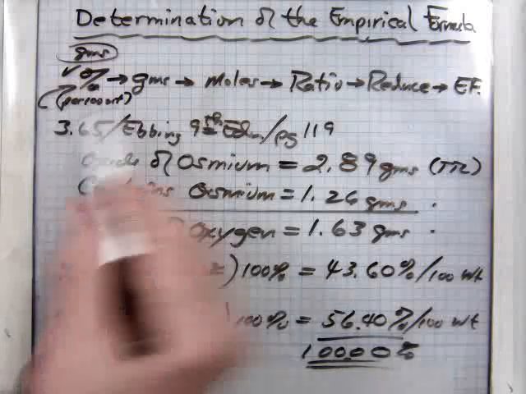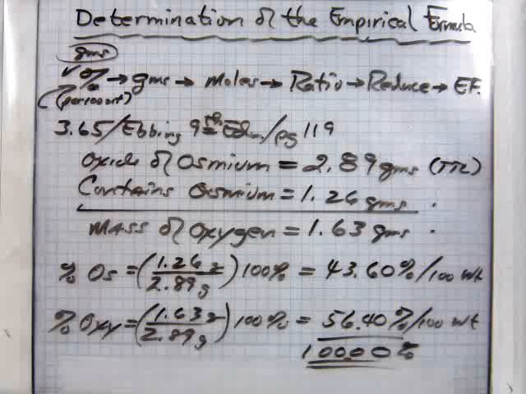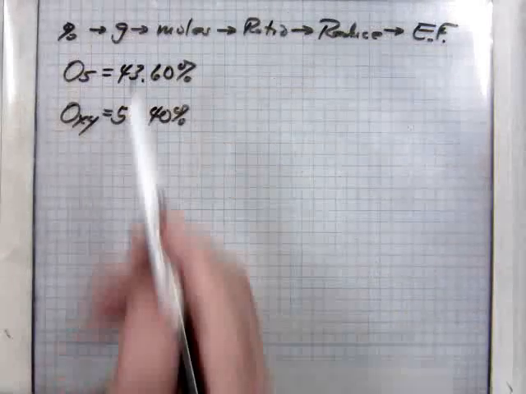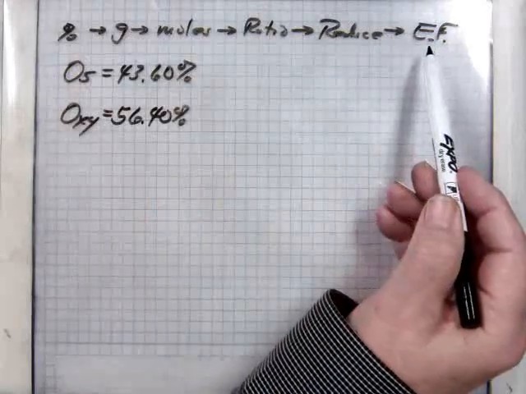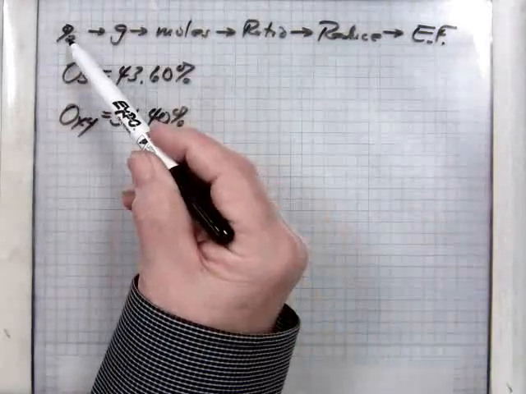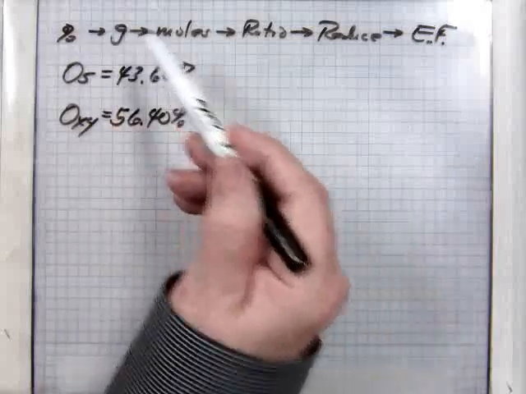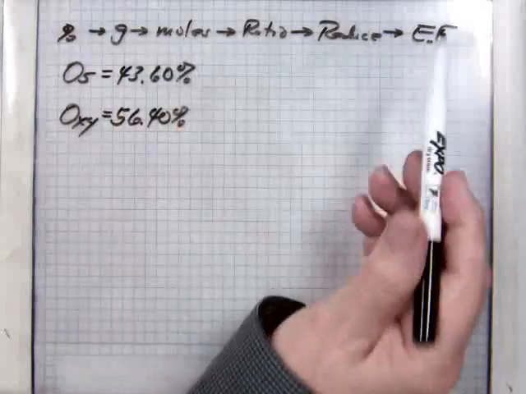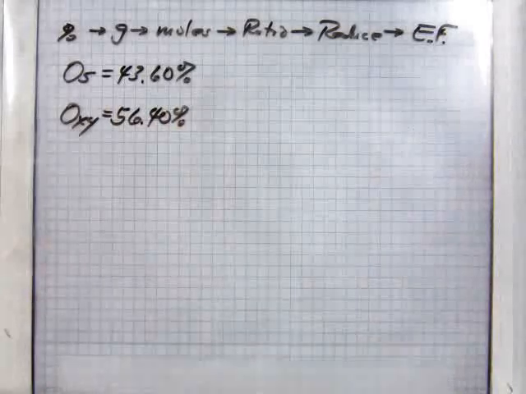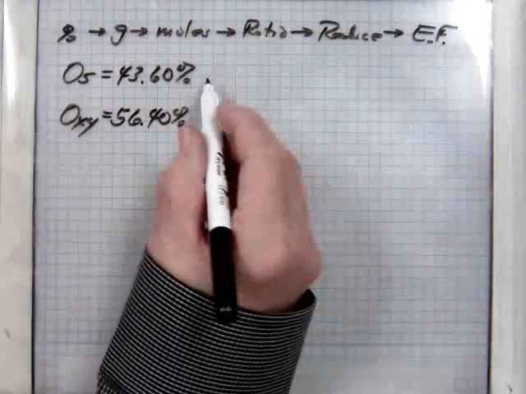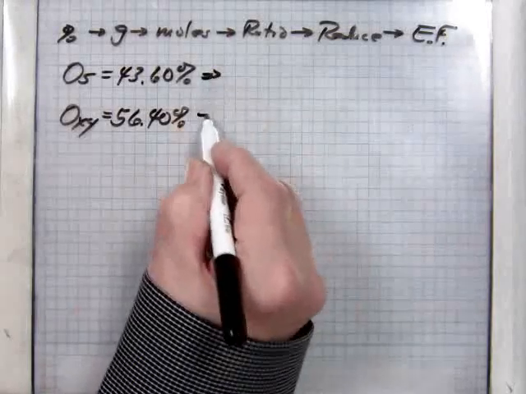And so you just follow the sequence. So let's see how this works. Okay, now what we want to do is follow the prescription that I gave you. Percent per hundredweight is where we are now. And percent to grams to moles to ratio and reducing, you have your empirical formula. Very straightforward. If you listen to me carefully on this, it will be pretty easy. Okay, how do you get this into grams?